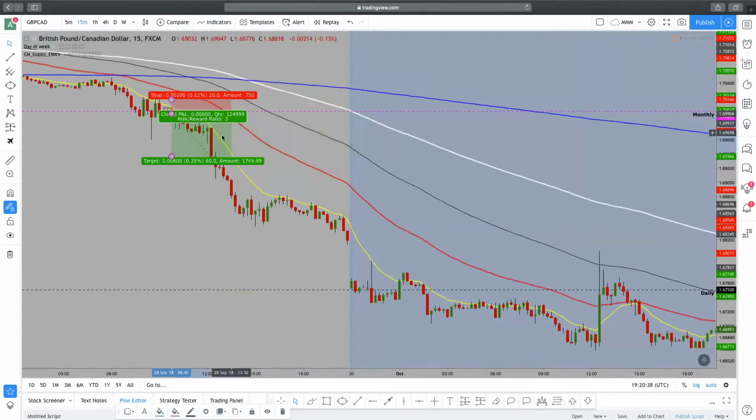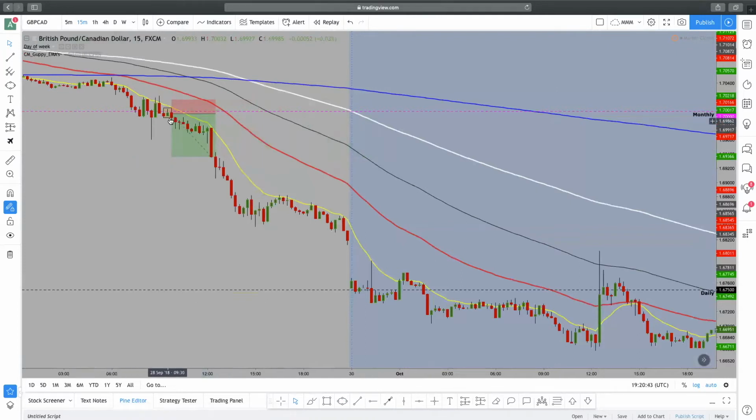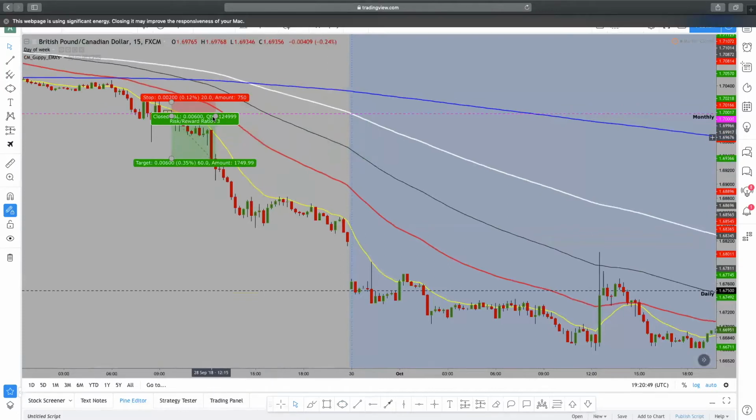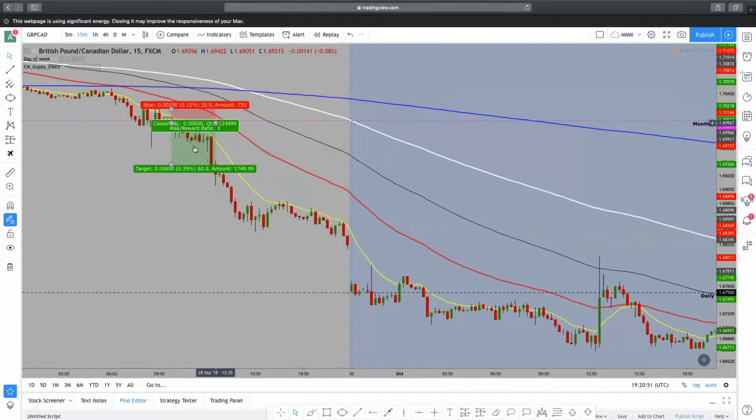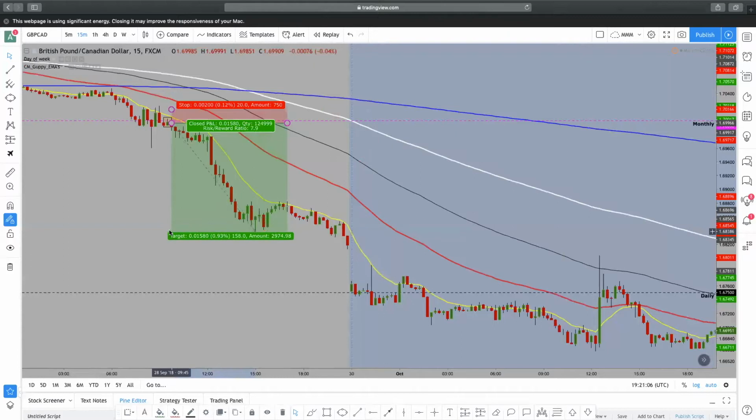So you see that 60 pip profit with 20 pip stop loss right there. Did I even let the move begin? Before the move begins, I'm out. Not that I get 60 pips. I'm just giving you an example that a 20 pip stop loss to 60 is 1 to 3 risk to reward. And you get it within the first couple of candles.